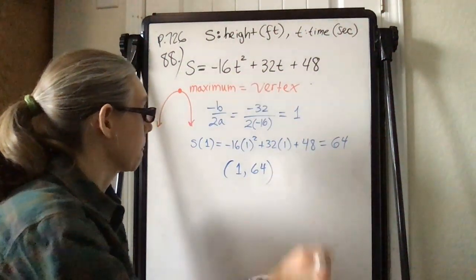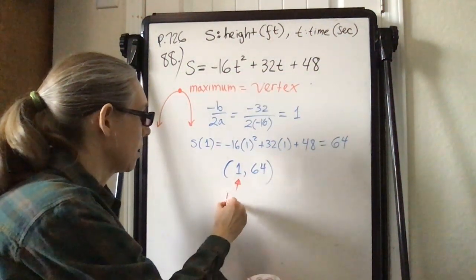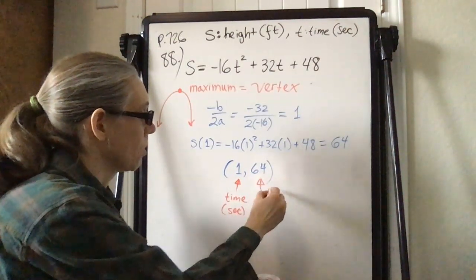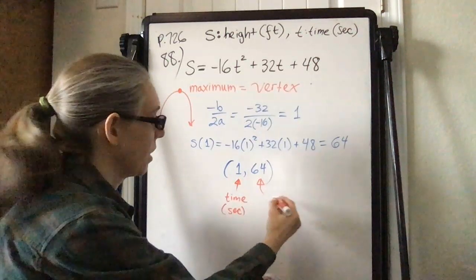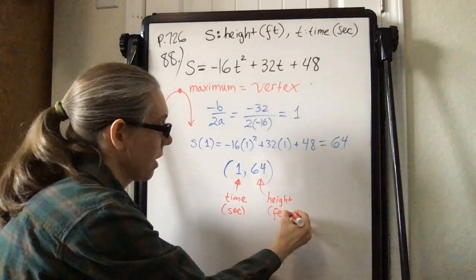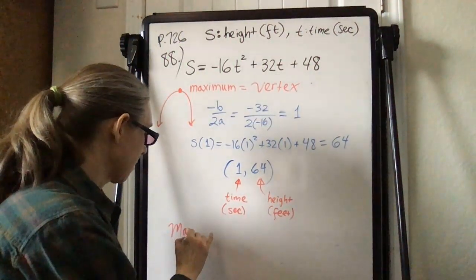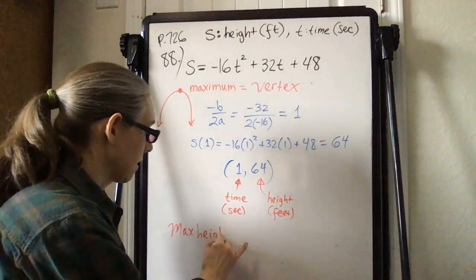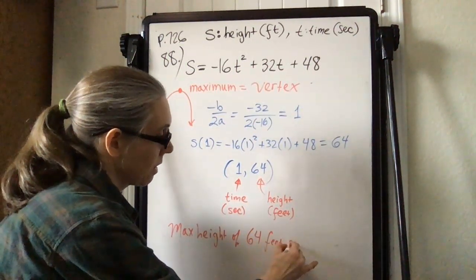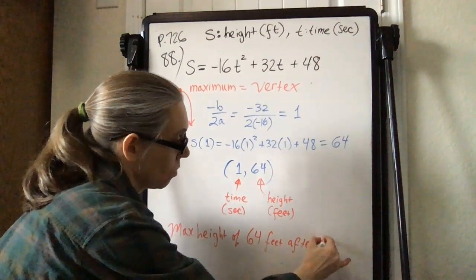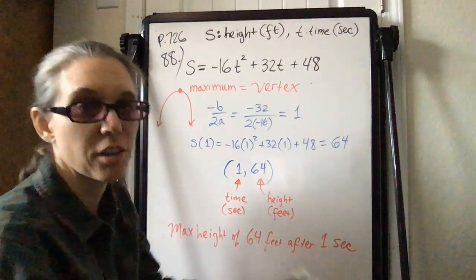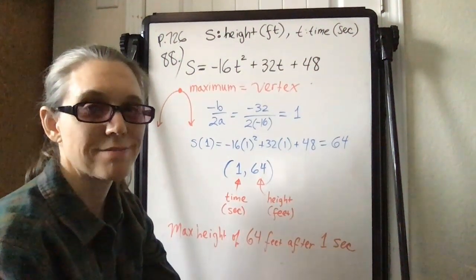Remember that the x-coordinate or the t-coordinate is time in seconds, and the y-coordinate, or in this case the s-coordinate, is the height in feet. And this is the max height, okay? So you have a max height of 64 feet after 1 second. And that's all you have to do for number 88.